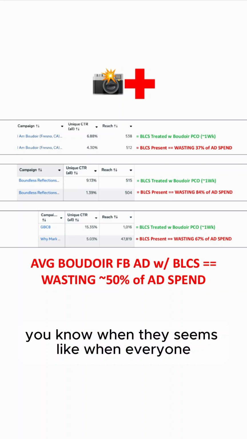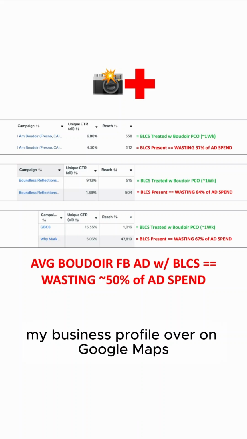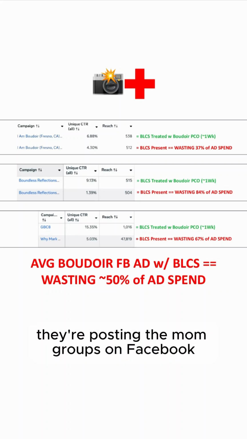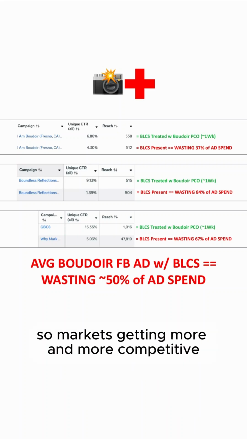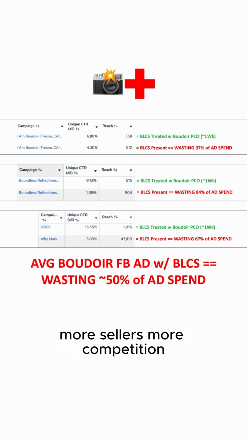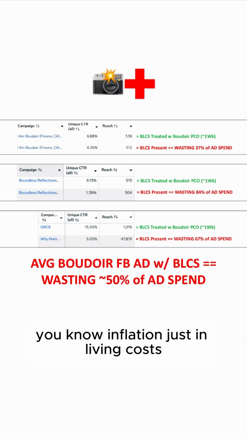It seems like anyone who gets a new iPhone is throwing up a new Google My Business profile over on Google Maps, saying they offer boudoir. And if anyone gets a new camera, they're posting in the mom groups on Facebook that they also shoot boudoir. So the market's getting more and more competitive. Same number of buyers, but more sellers, more competition. So you're seeing more saturation, harder to get clients, and you're also seeing inflation just in living costs.